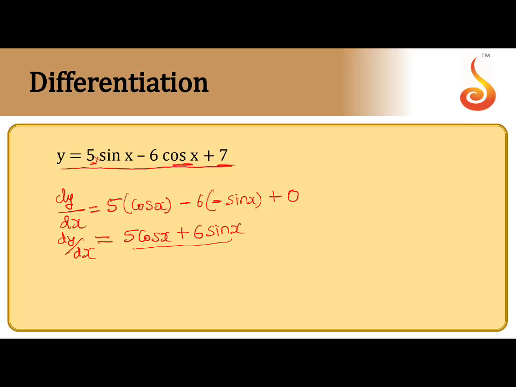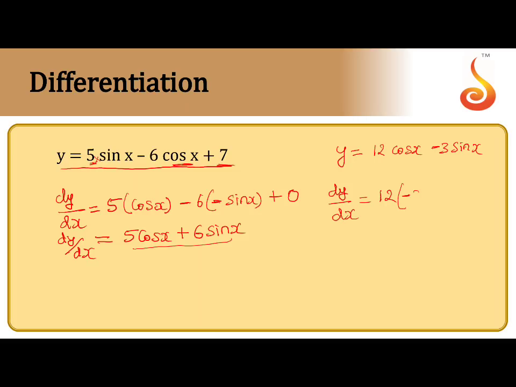I will give you one more example. If y is equal to, let's say, 12 cos x minus 3 sin x, then how do I find dy by dx? dy by dx is equal to 12, you will keep it like that only.